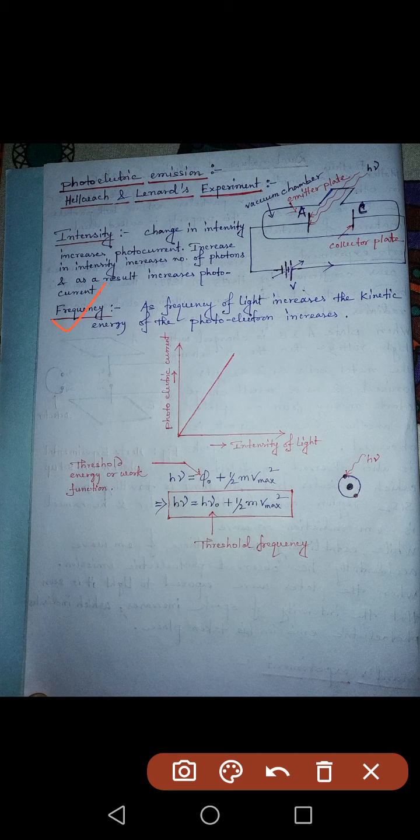And then frequency. As I told you, frequency does not depend on intensity, or intensity does not depend on frequency. So directly there will be no relation between frequency and current, but yes, we will draw a certain graph which will relate frequency, some potential, and current.